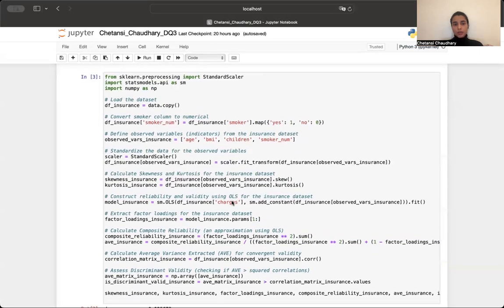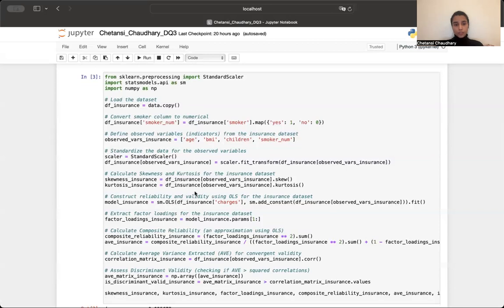Now we are going to find skewness and kurtosis. To understand the distribution of our data, we have calculated these two. Skewness tells us about the asymmetry of our data distribution, while kurtosis gives us insights into the tails of our distribution. This helps us understand if our data follows a normal distribution or if there are any potential outliers.